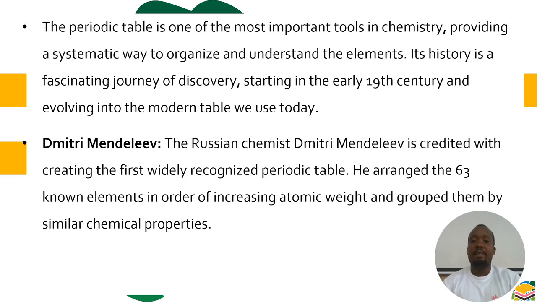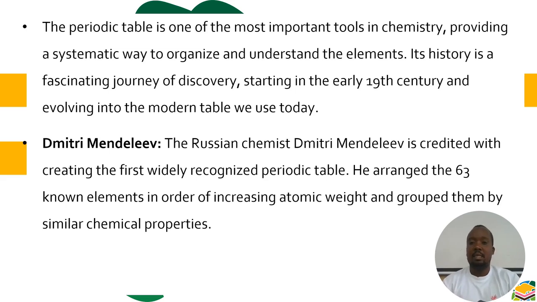So he played a very crucial role in the designing of the periodic table. He was responsible for arranging the 63 known elements in order of increasing atomic weight and grouped them by similar chemical properties.